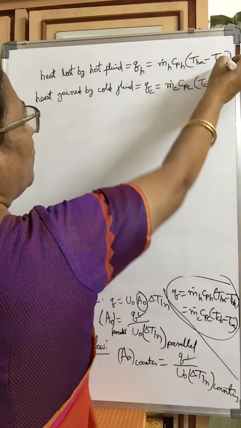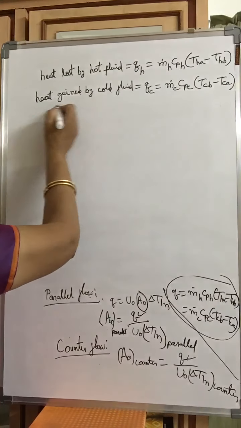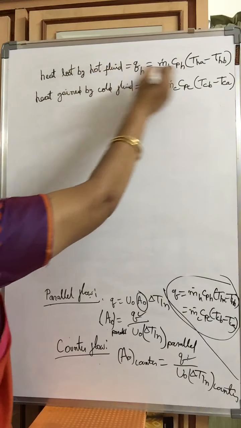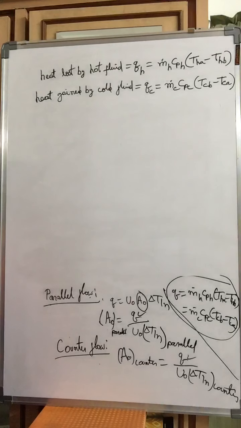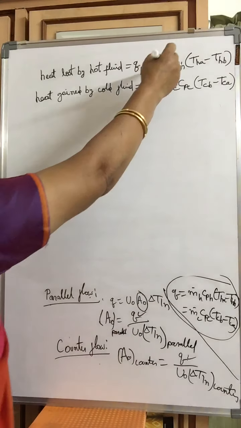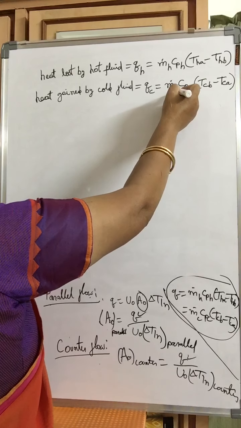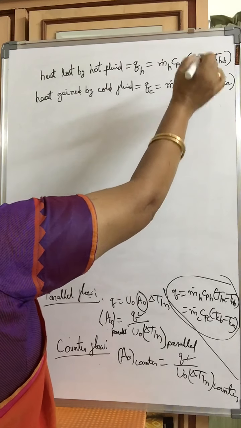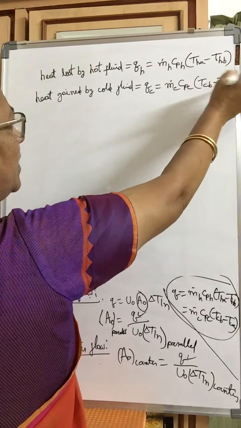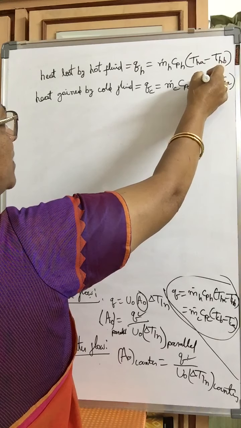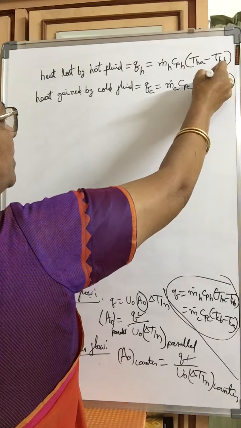Higher minus lower we write, because we are saying lost here. So higher minus lower. So now you have m dot H, you have m dot C, CPH, CPC, THA, THB, TCA. Everything you have except TCB.